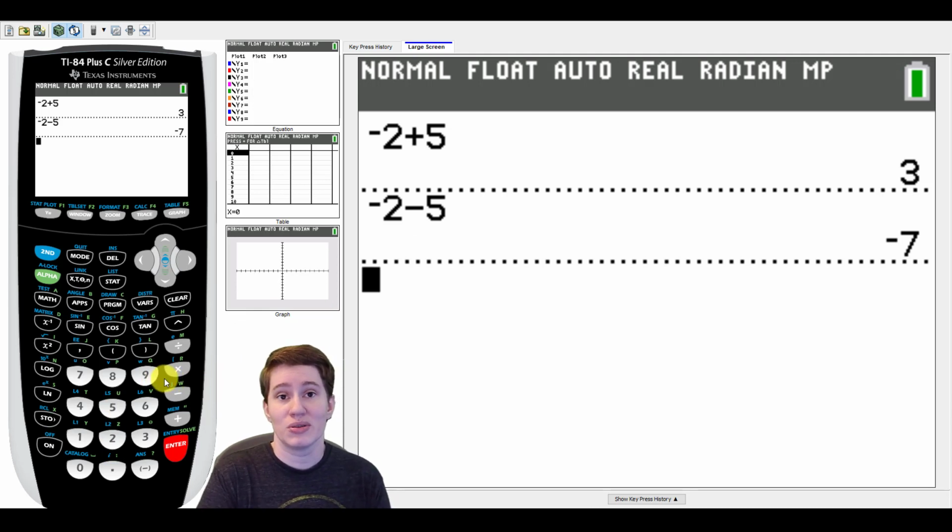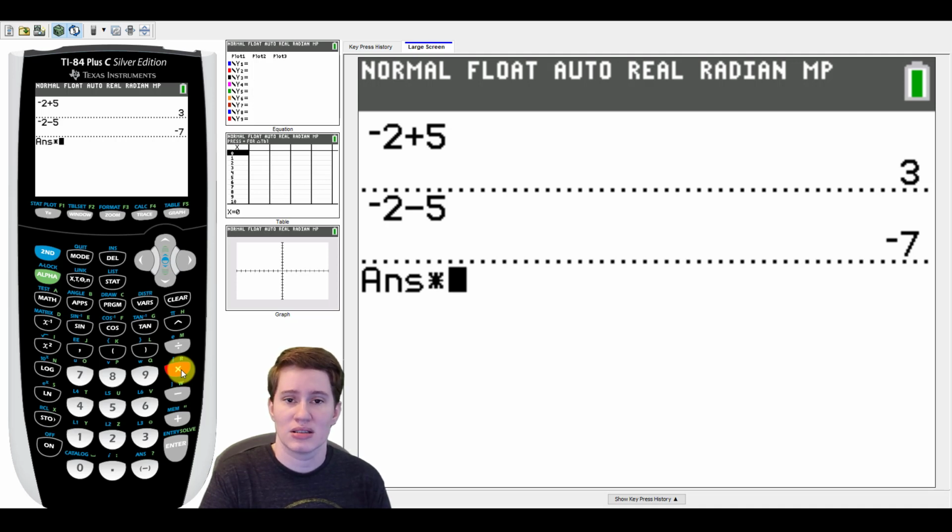So one of the really cool things about a calculator like this, or really any graphing calculator I would assume does this, is that we can take the answers we've already gotten and we can use them. So if I'm like, okay, I'm working this problem, I've got the answer -7, I'm going to take that answer and do something to it. If I just do one of these buttons, like multiply, it says ANS and then the multiplication symbol.